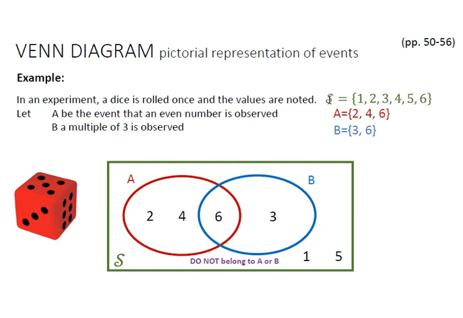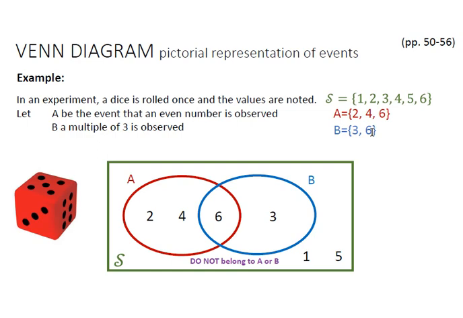So the sample space is 1, 2, 3, 4, 5, and 6. Let A be the event that an even number is observed. So A is 2, 4, 6, the even outcomes. And let B be the event that a multiple of 3 is observed, so B is 3 and 6.